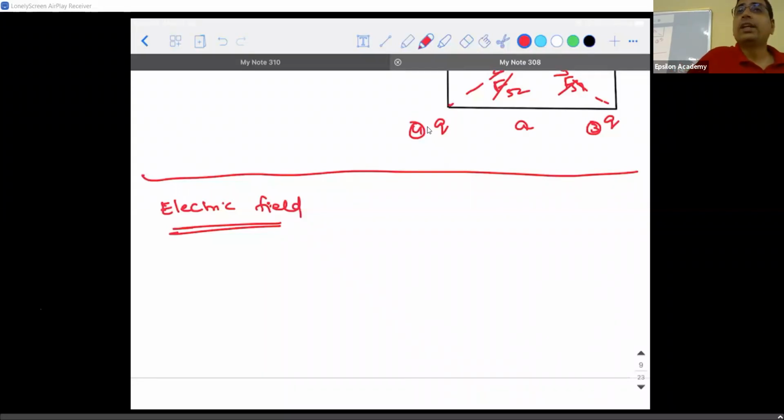So electric field is only a region, correct? There is another term called electric field intensity. This is an important term.